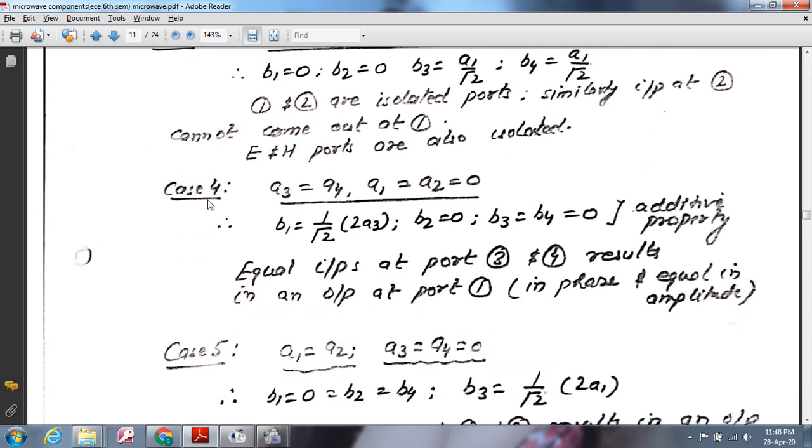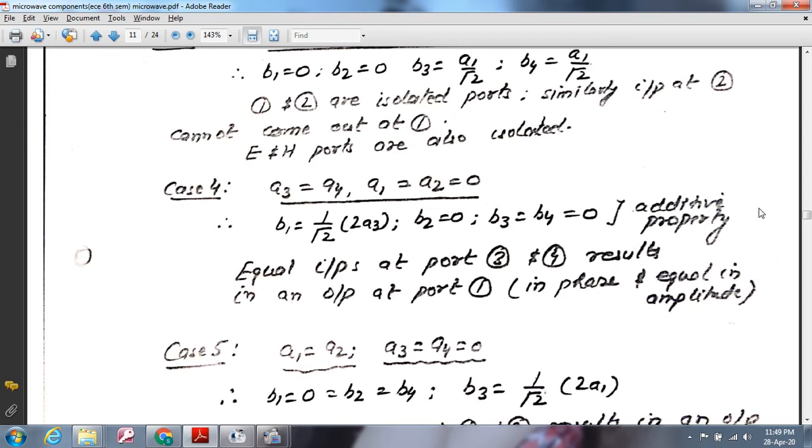Take the fourth case where we are assuming A3 equals A4, means we are having similar input at third and fourth, and we are assuming A1 equals A2 equals 0. From this we see B1 will be equal to 1 by root 2 of twice A3, and B2, B3, B4 will be 0.